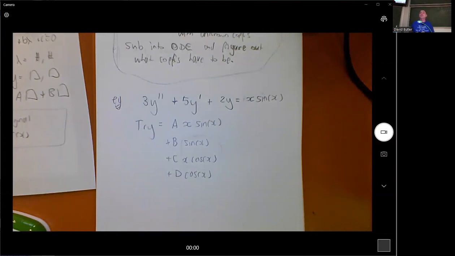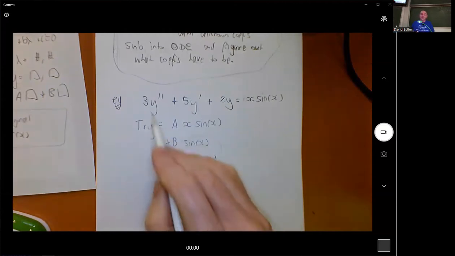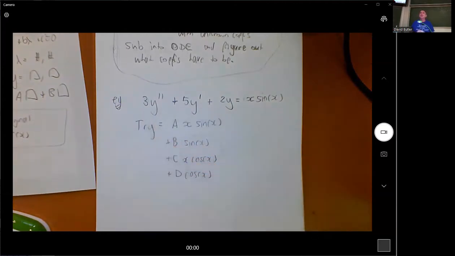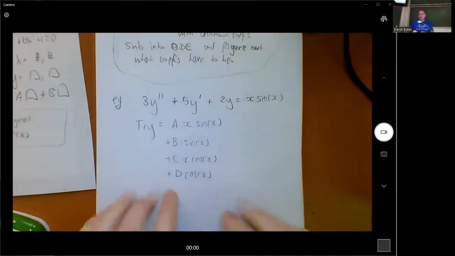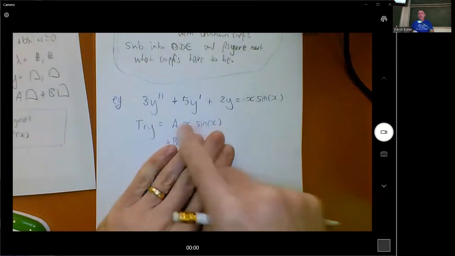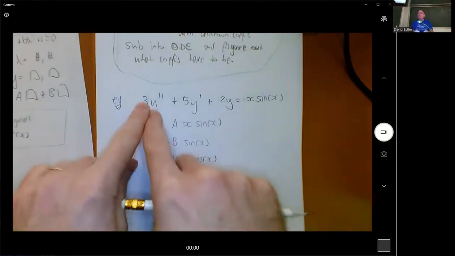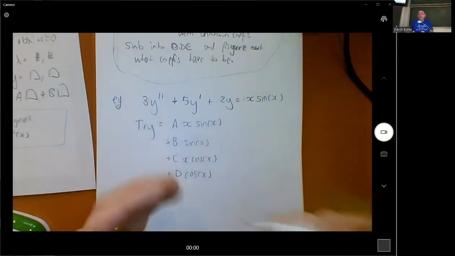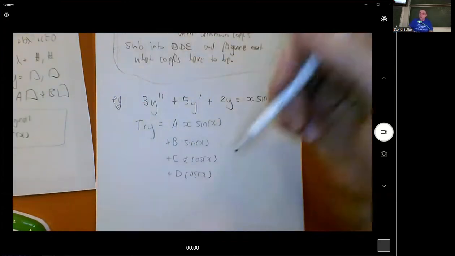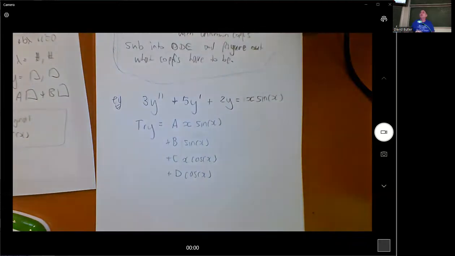It is just because the derivatives appear in the ODE. I need them to be all there, because if I just included this, these would be here anyway because of this. And so I need to include them just in case, because I might need to cancel out the ones that appear because of the derivative. That's why.